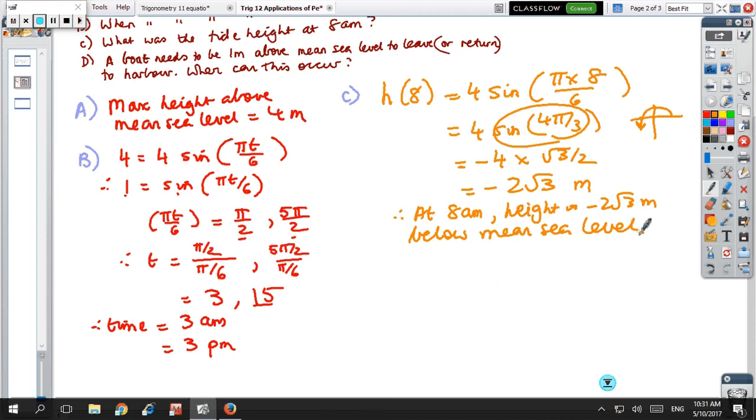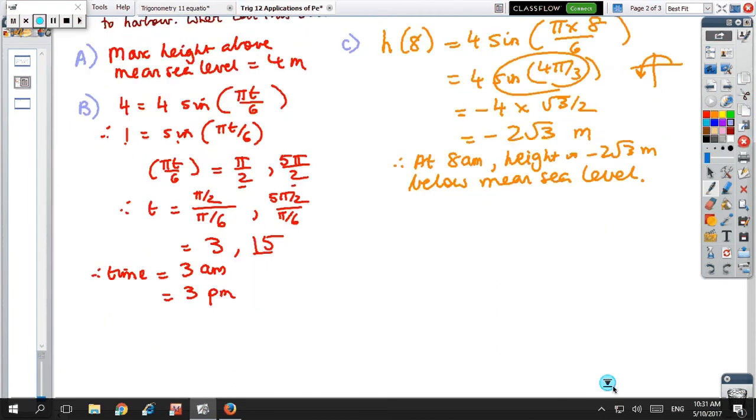Okay. And let's have a look at the last question. We need to find out when the height is going to be equal to 1, so that we can work out when it's going to be above 1. So we've got sine of pi t over 6 equals a quarter.